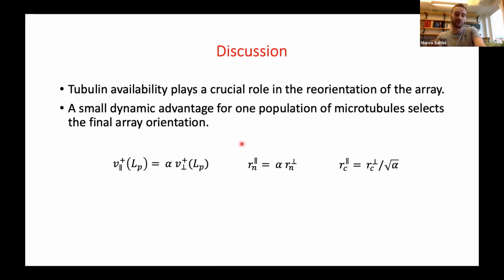Now, the fact that we do not observe complete extinction of transverse microtubules might be due to the fact that our model can still include some random generation of microtubules in the transverse direction. But it is very interesting to understand that this mechanism can only work if we have a strong bias towards the nucleation of new microtubules that are parallel to the mother microtubule, which is exactly what happens in microtubules from the cortical array.